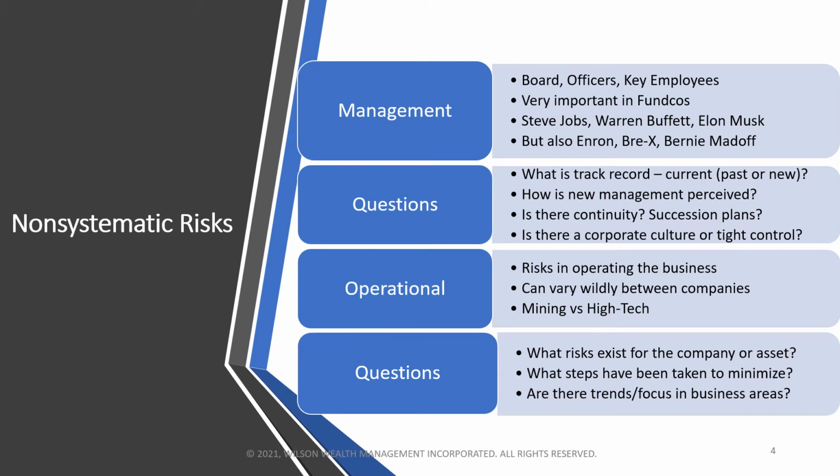You don't have to be exhaustive, but for the main risks, you should list what they are for the company or the asset under consideration. And then for these major risks, what steps has the company taken to minimize or mitigate them? So if we're worried about pipeline spills in an oil company, what is their track record of environmental safety?